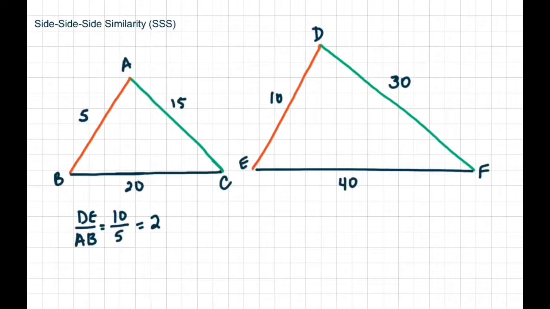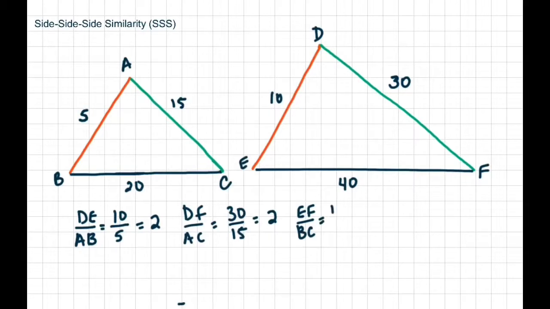then I can see DF and AC, 30 over 15, and EF over BC, 40 over 20.